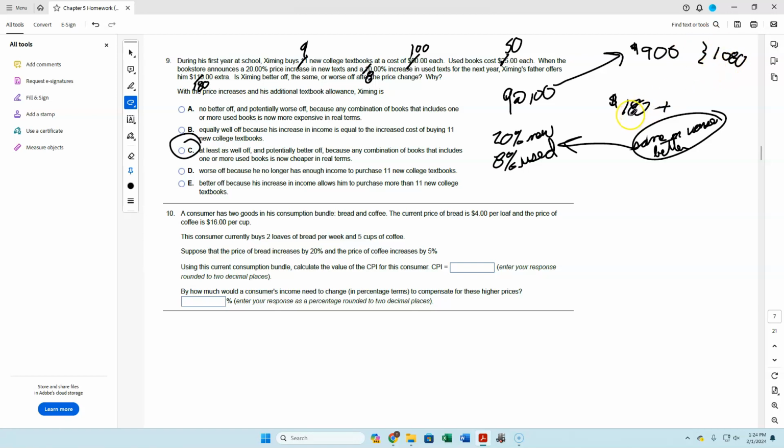Now, if he's given $180, it would exactly cover that difference, so he'd actually be the same. But he could also potentially be better off, because if he started buying more used books after this change, he'd then be spending less than $1,080, depending on what his mix is between new books and used books.